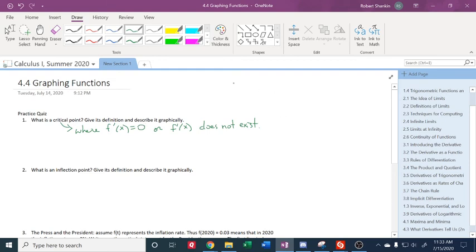Alright, now one way to describe it graphically is if you've got a graph doing this, then the critical points where the derivative is 0, where it has a horizontal tangent line, they tend to be maxes and mins.